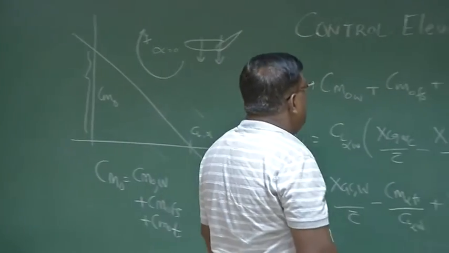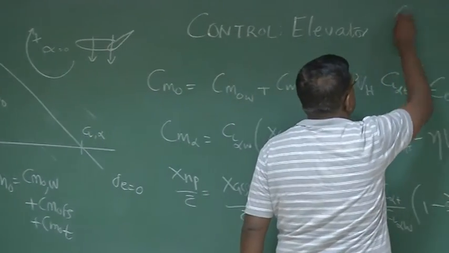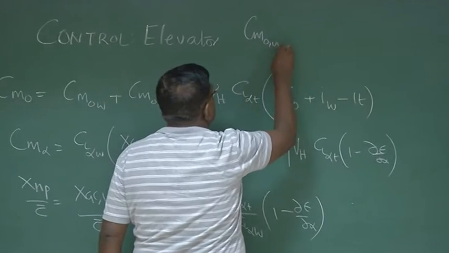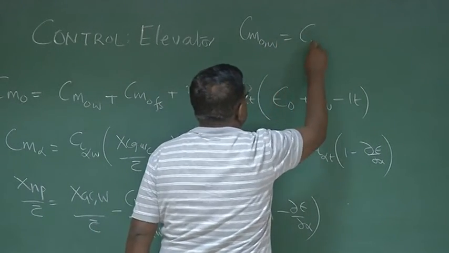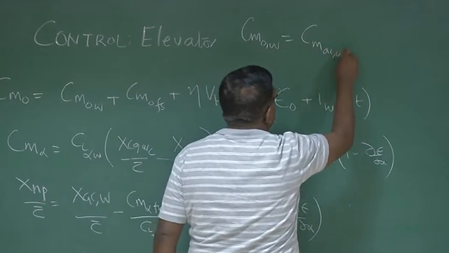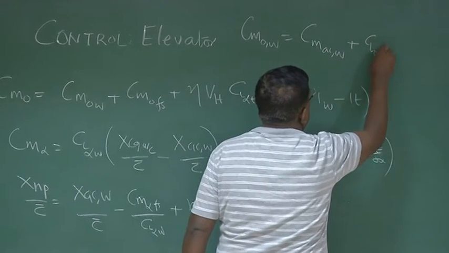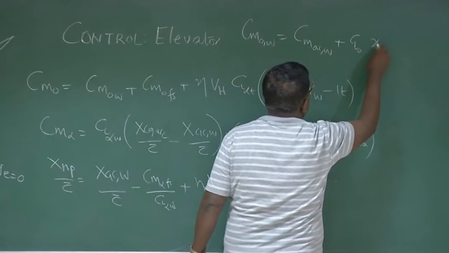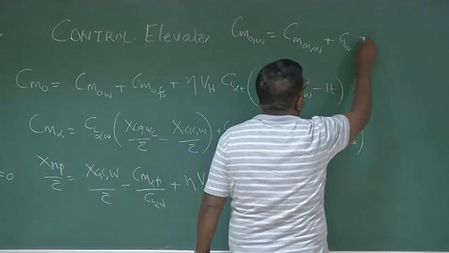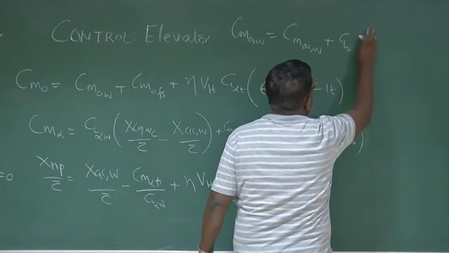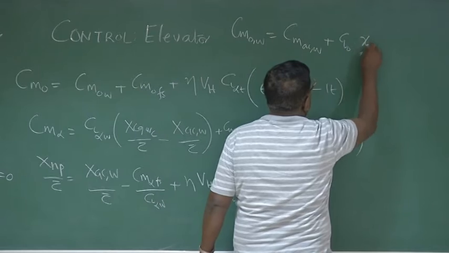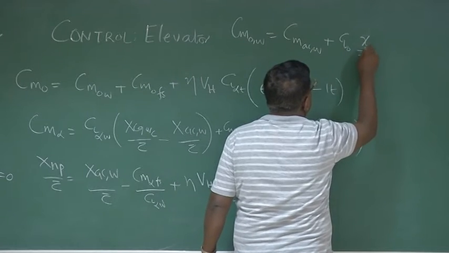If you see in Cm naught wing, we have seen this is Cm AC wing plus CL naught into x bar, that is x by c bar.